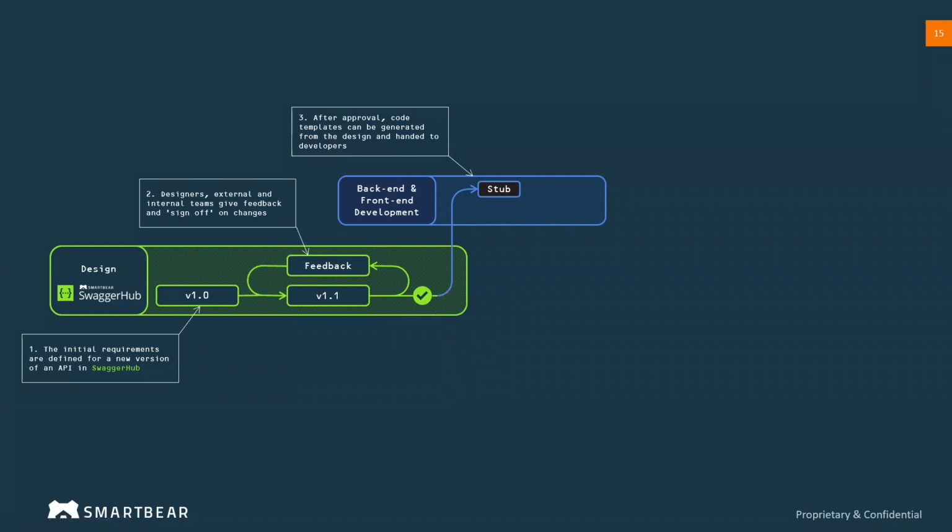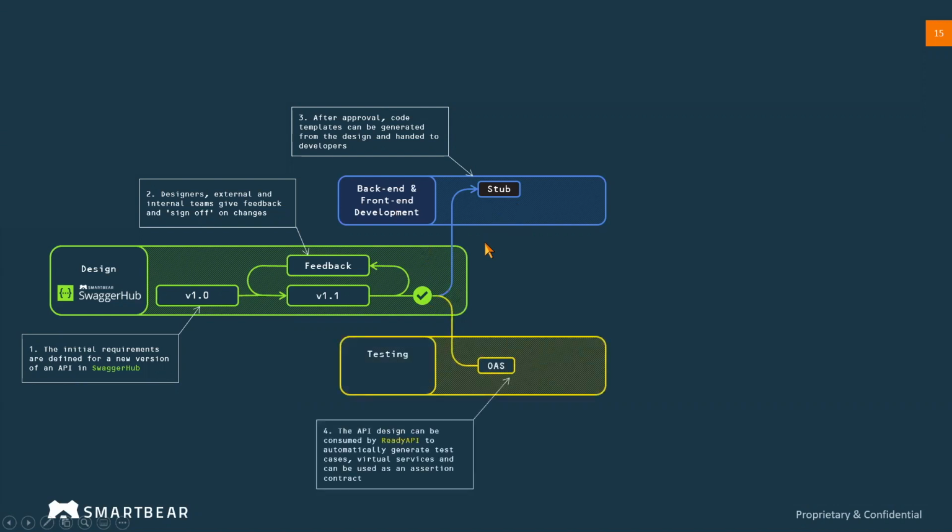So we know this is exactly what the actual API will look like to the front end and the backend, and the actual APIs can start being developed. Since we already have a specification, they can generate server-side stubs and client SDKs.